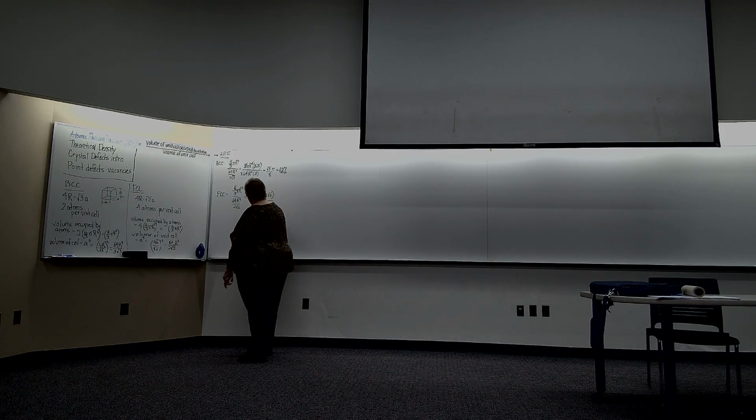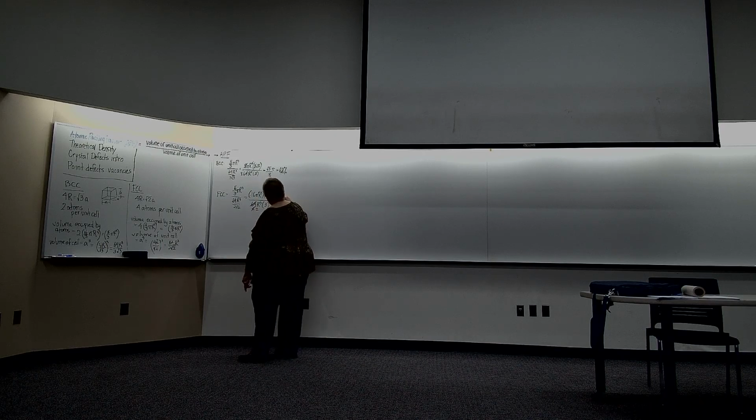So I canceled the 16 and make that 64 a 4. Okay, and I could get rid of this 2, make that just a 2. So I've got square root of 2 pi over 6.